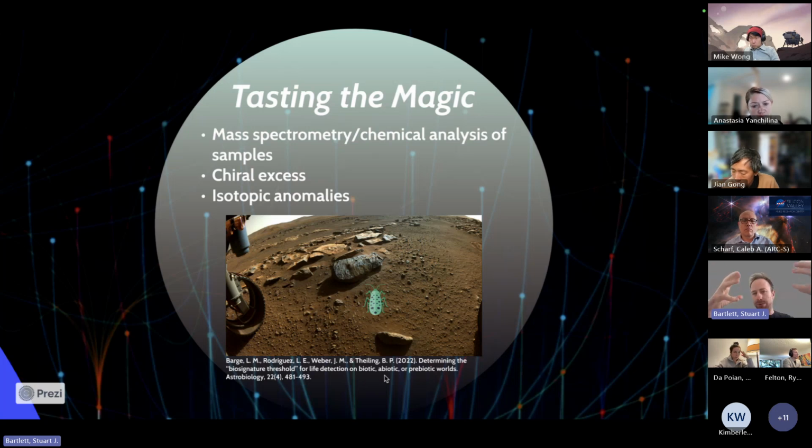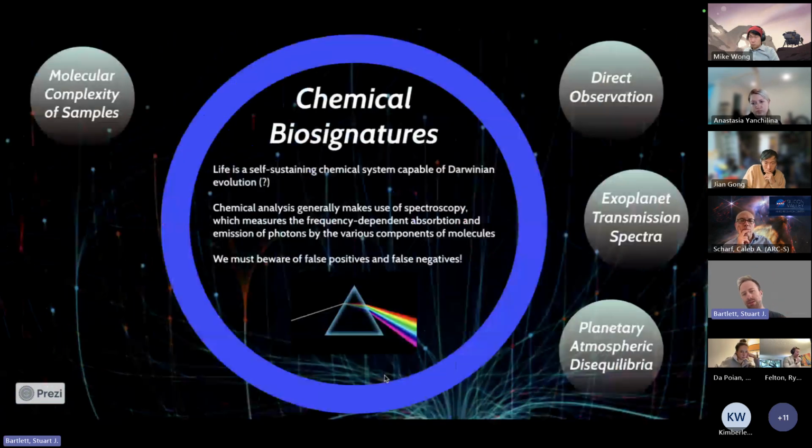So even simple cell membranes or protocells that could be abiotically formed could mimic life and look very much like life. But until you actually verify that it's a real functioning cell with, let's say, a replication cycle and it's evolvable and so forth, only then may you potentially be able to say this is life. So that would be the best case direct observation.